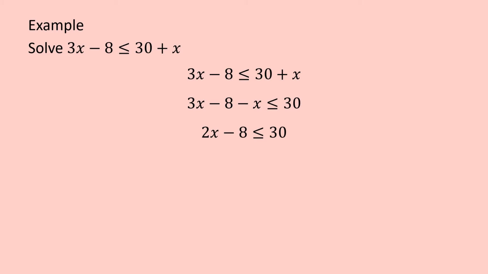Next, you have to add 8 to both sides. Then 2x is less than or equal to 30 plus 8. Finally, divide both sides by 2. Then you will get the answer x is less than or equal to 19.